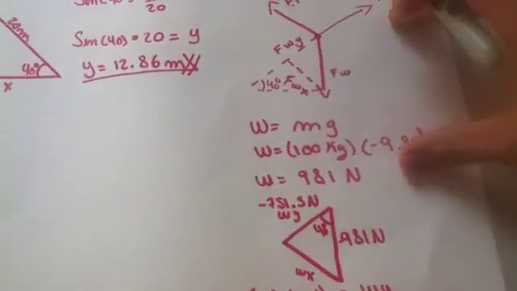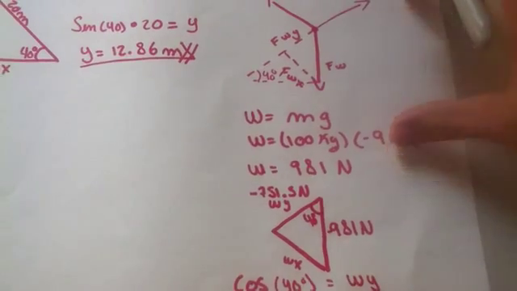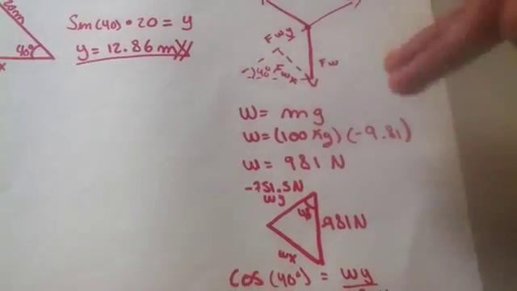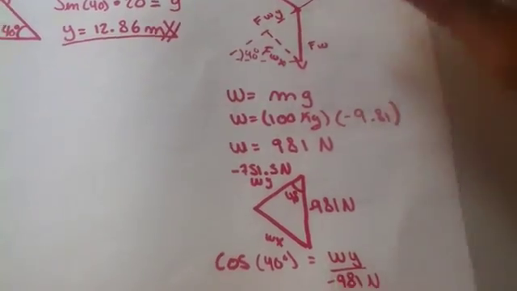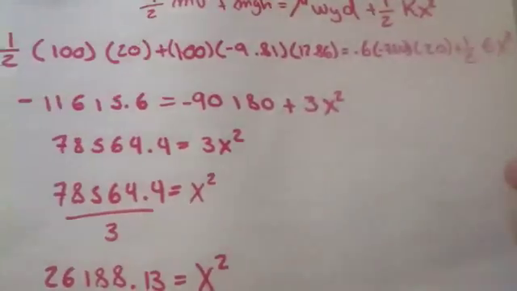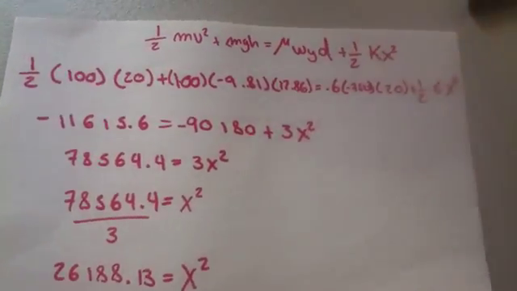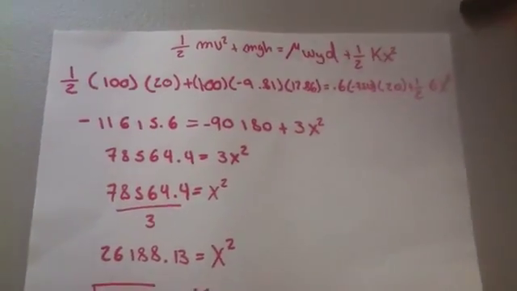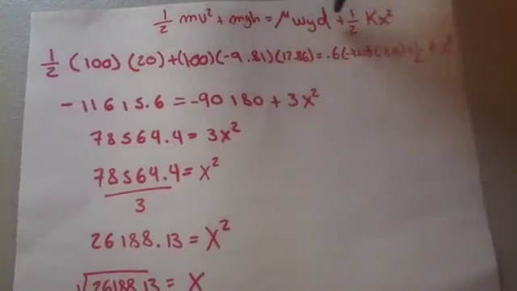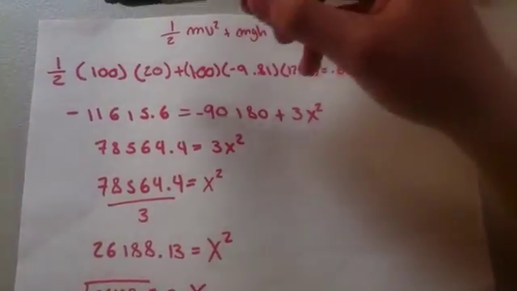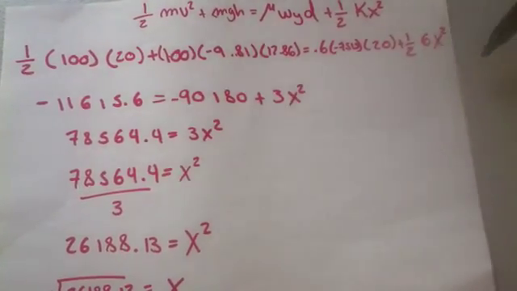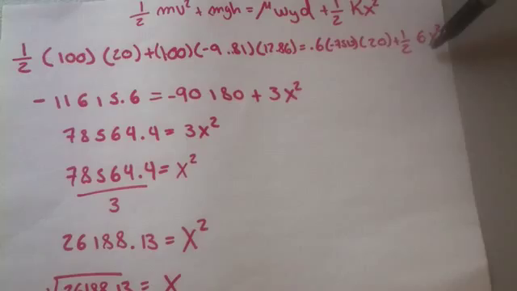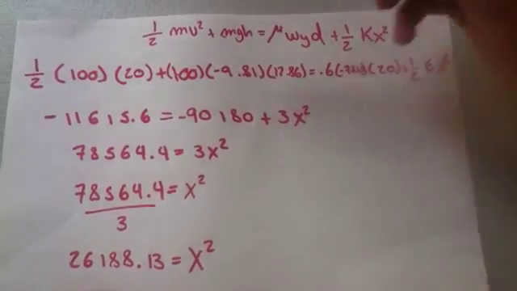We have done the hard part of our problem. Now we have to go back to our formula and plug in the values we just found. This is how our problem looks now. We have the formula we started with, and we're just going to plug in the values we found to solve for the unknown variable x. This is the distance.